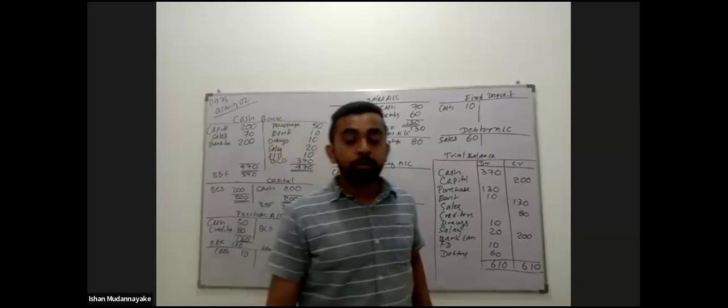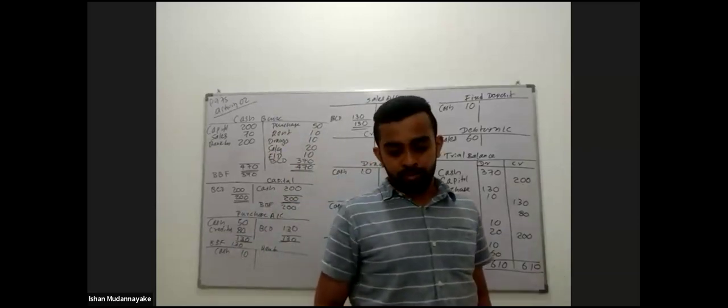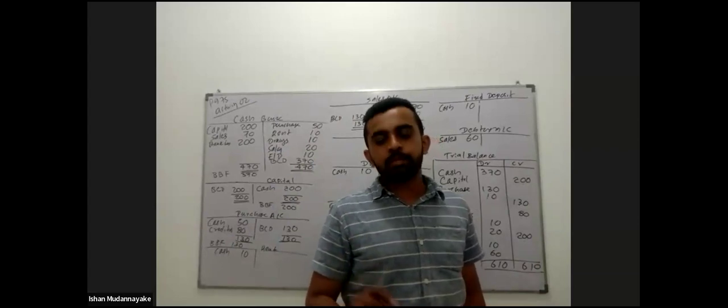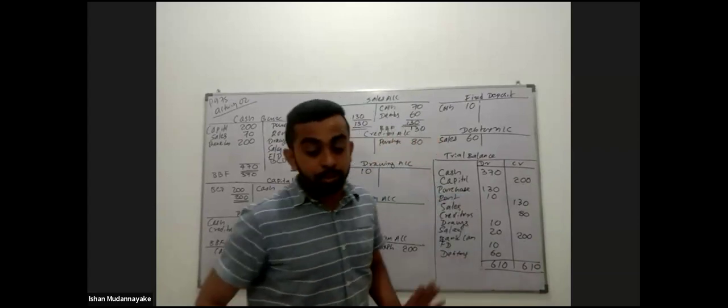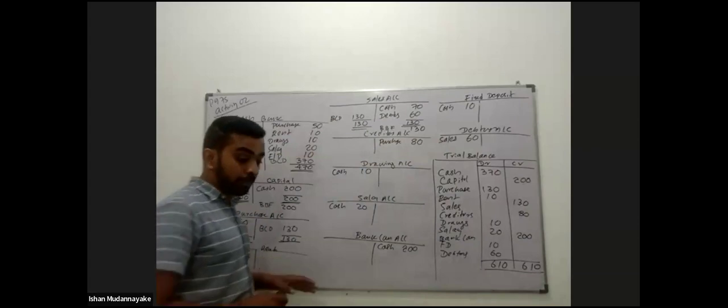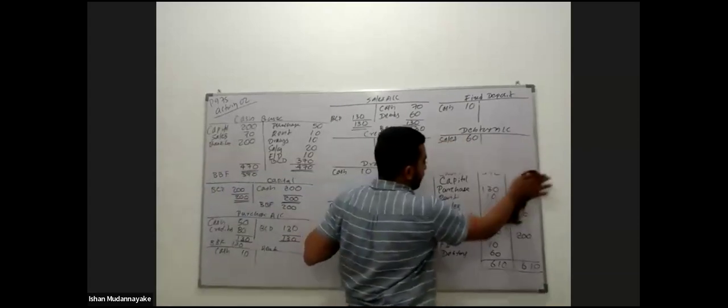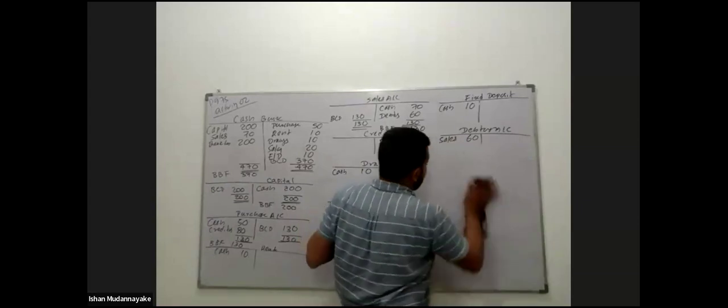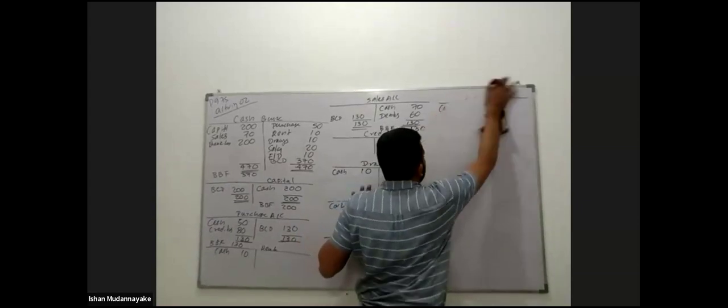For question number 1, you don't need to pass double entries. They have properly passed double entries. Here, the only thing is you need to prepare the trial balance using the available information.